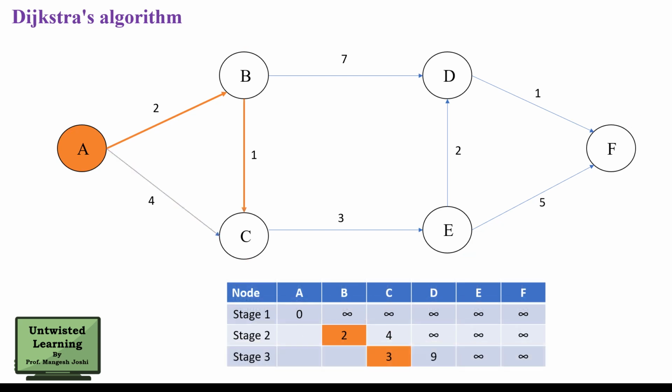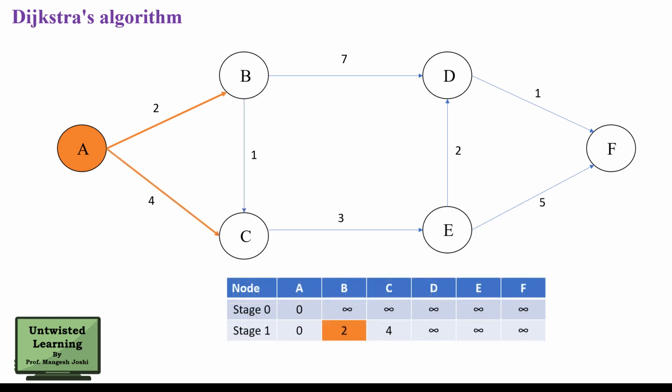So in stage 2, now since we have frozen this, we have B to C and B to D. Okay, now in this case, what was it previously?